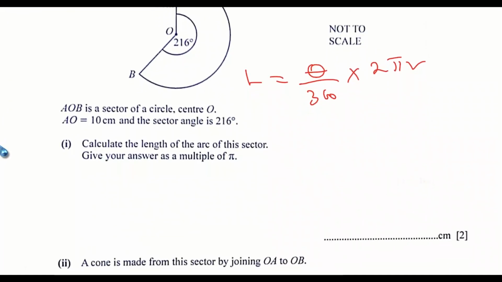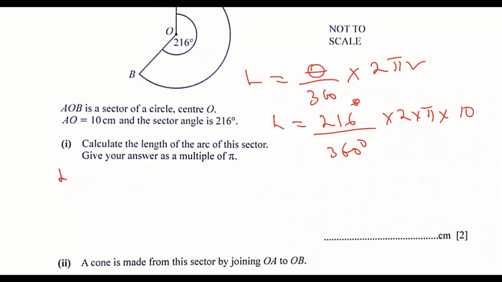If we key in the values, we have the length equals 216 degrees over 360 degrees, then multiply by 2 times pi times the radius. The radius is 10. So L equals 216 over 360, then multiply by 20 pi.